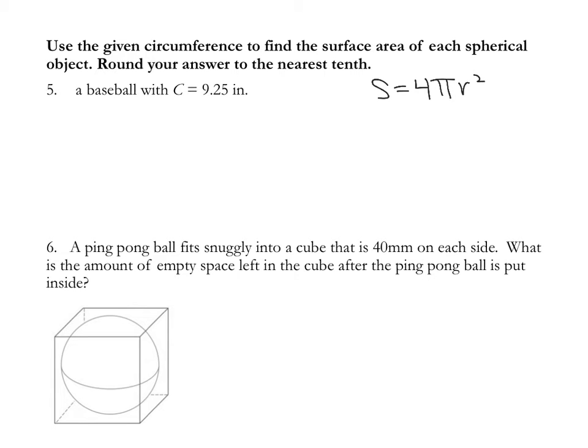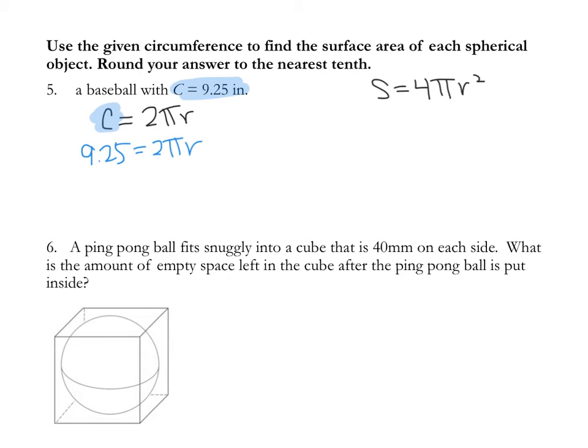So this is actually going to take us back to chapter 10 when we talked about circumference, and we have to start with that formula first. So twinkle, twinkle, little star, circumference equals 2 pi r. We're going to use the fact that they told me that the circumference is 9.25, and plug that in. So it's going to say 9.25 equals 2 pi r.